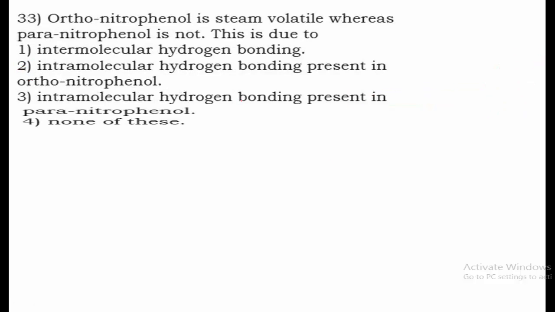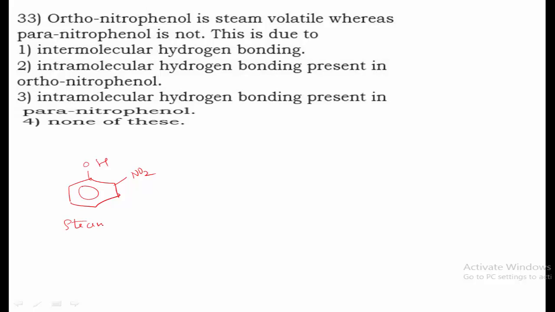Next, 33. Orthonitrophenol is steam volatile, whereas paranitrophenol is not. This is due to orthonitrophenol. How you can write it? Orthonitrophenol. Okay, this is phenol. Ortho position, NO2 group is there, and it is steam volatile.